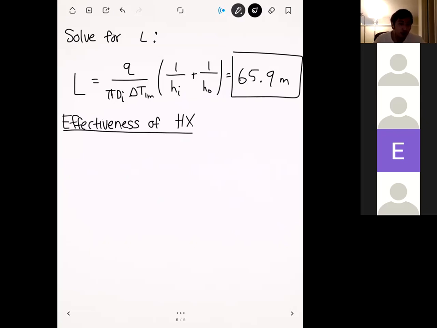If you remember, fins were very specific engineering devices used for thermal management. Heat exchangers are the same thing. Whenever you design a device like this, you want to be able to quantify how effective it is, because you want to be able to say this heat exchanger is better than that one, and you can do a calculation to show that.